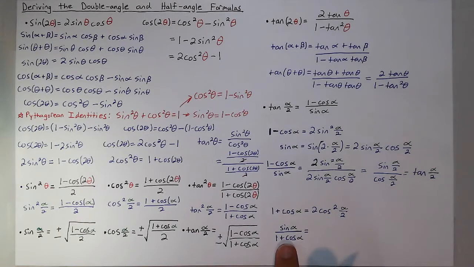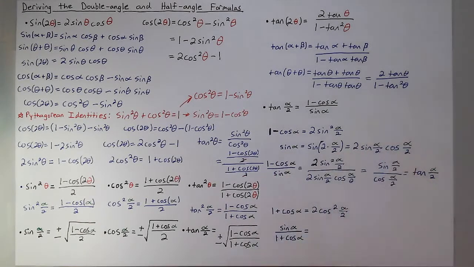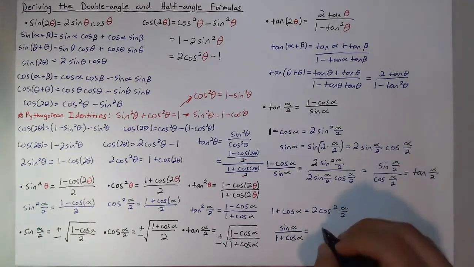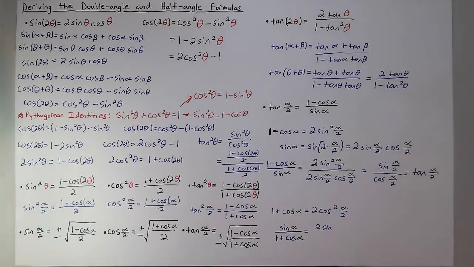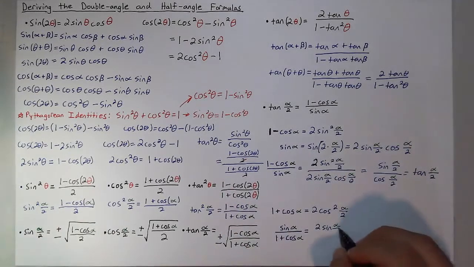So I'll actually put that in my denominator and then put the sine of alpha in my numerator. So I'll still get tangent with sine over cosine. So it's sine of alpha, which is 2 sine of alpha over 2, as I showed right here, times cosine of alpha over 2.